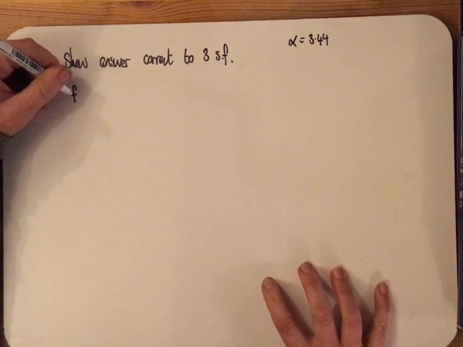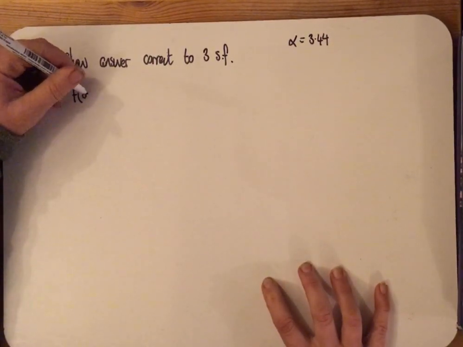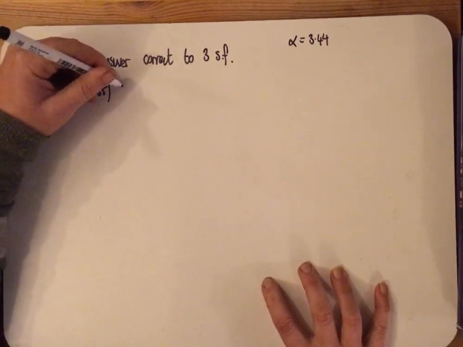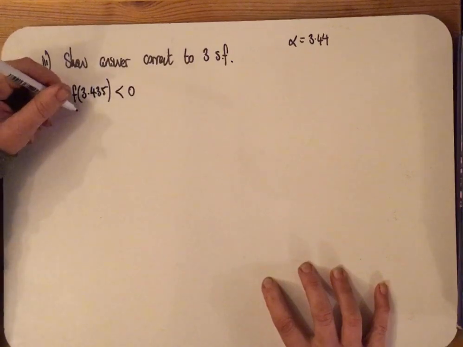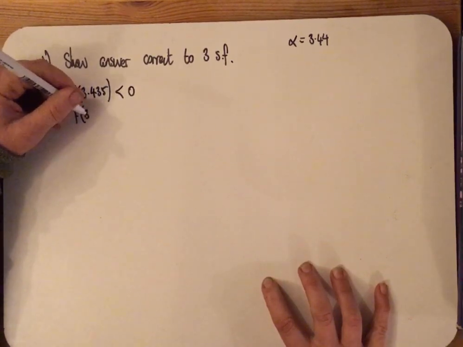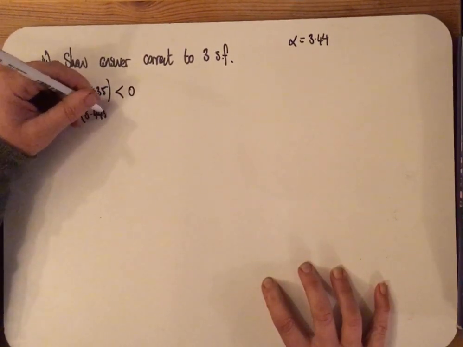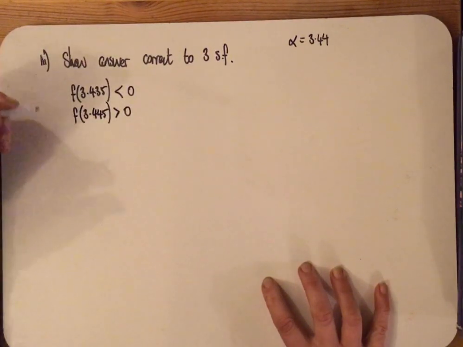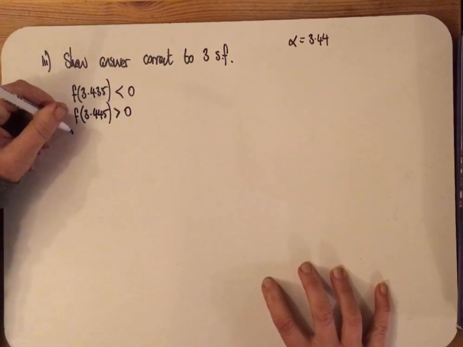So you do f of 3.435. I'll leave you to work that out. It comes out as negative. And you do f of 3.445. And that comes out positive. So these little bits are change of sign.